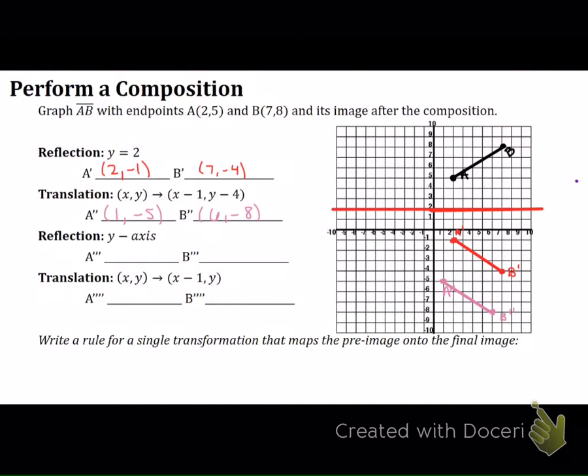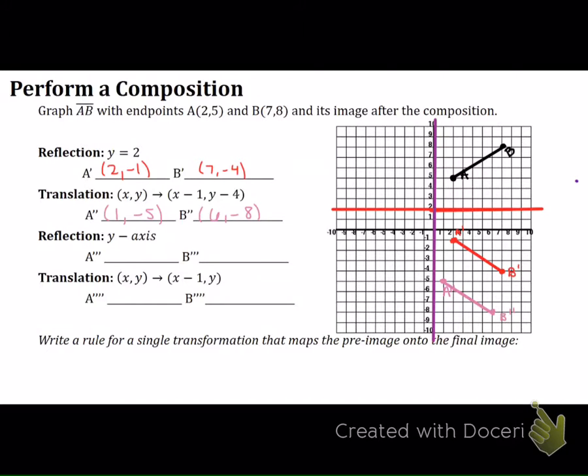Okay, then it's a reflection over the y-axis, which is the vertical axis. So we're going to do a reflection over that axis next. Okay, so we're looking from the pink line now.